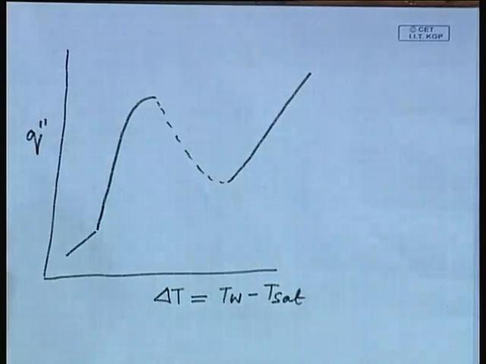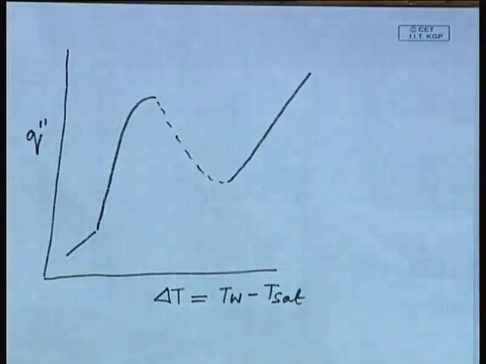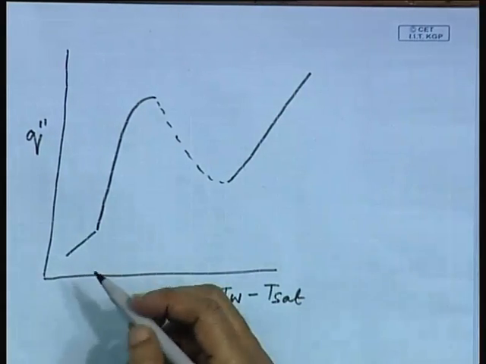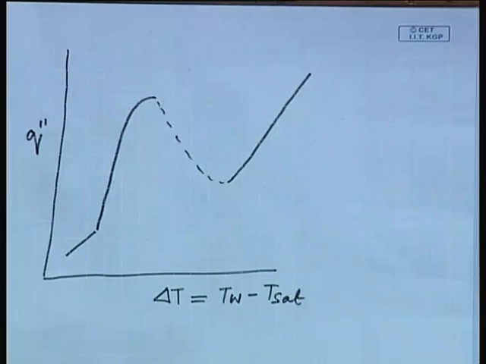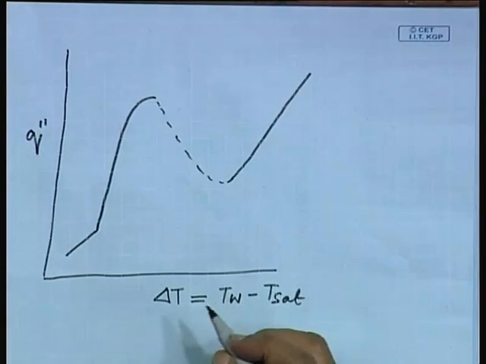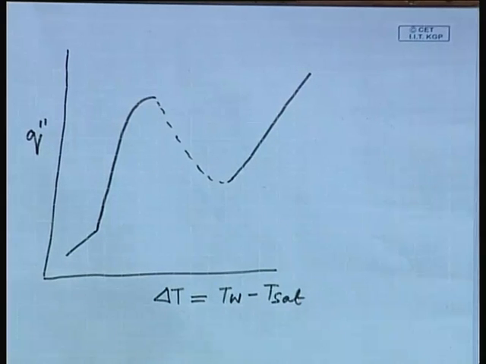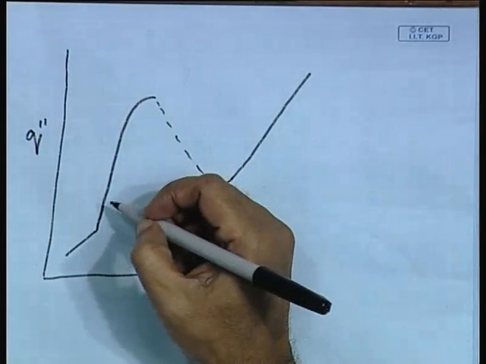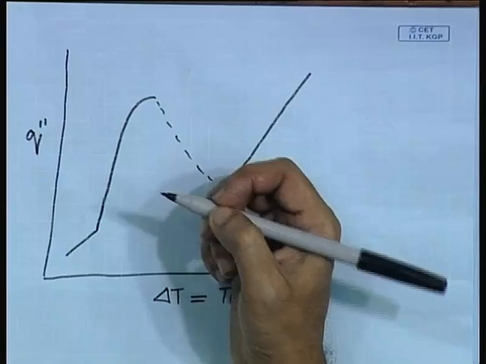By a heat flux controlled experiment, we will get only the portions shown by the firm line. That means we will get the nucleate boiling and the film boiling region. Transition boiling we may not be that successful in getting. In the nucleate boiling and film boiling region, there are again different regimes of boiling which do not follow the same laws or the same mechanism of heat transfer.